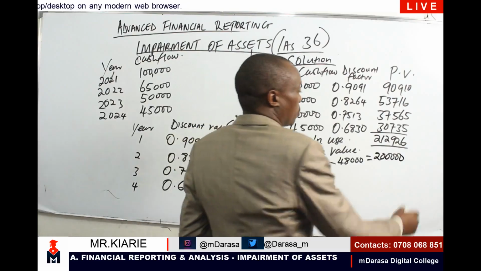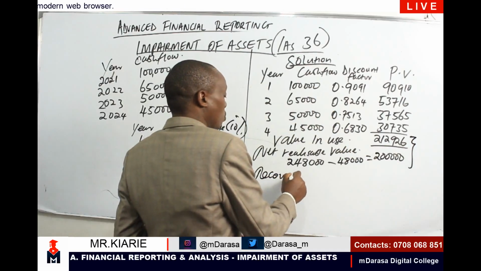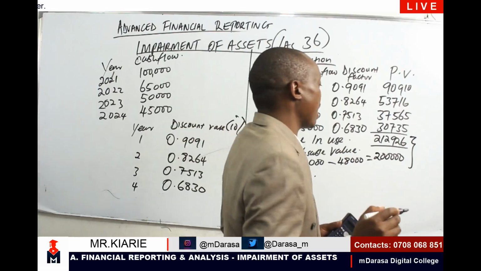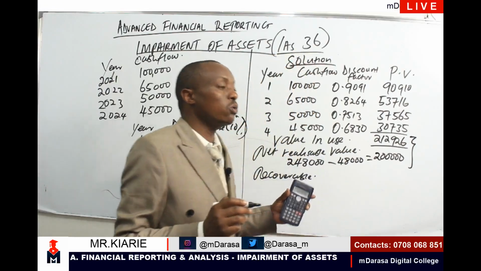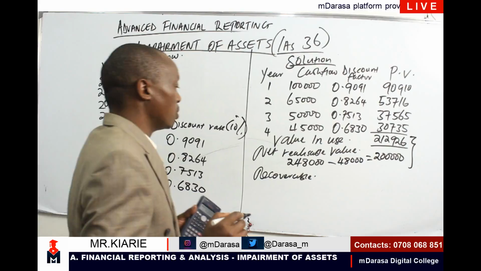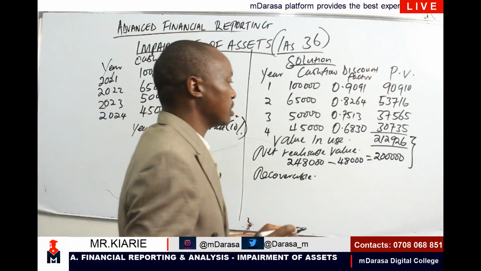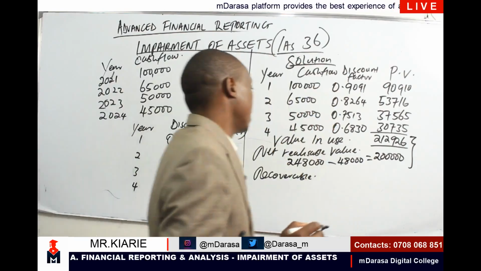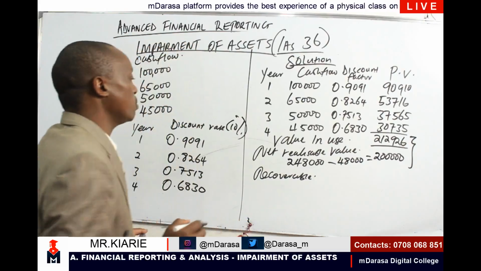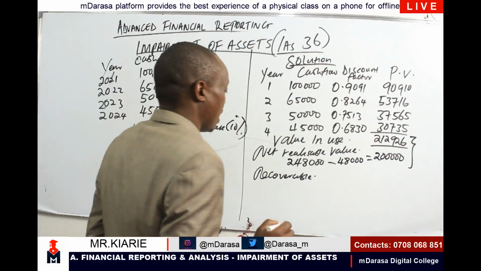Now, to get our recoverable amount, if you refer to our notes, we have just said that recoverable amount is the higher of the net realizable value and the value in use. Therefore, we'll compare the value in use of 212,926 and a net realizable value of 200,000, and take the higher.